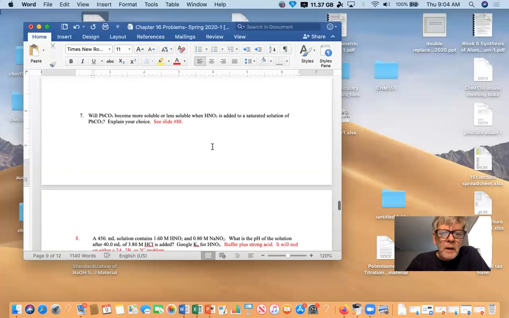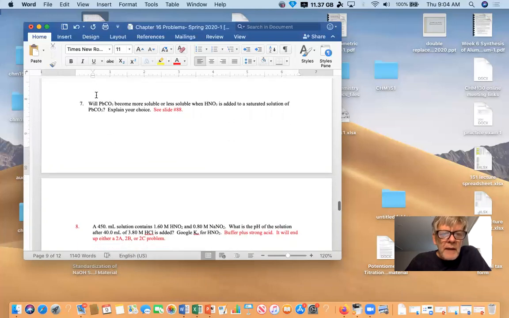Okay. All right. Question 7 is a qualitative question, relates to slide 88. What we need to note here is that carbonate comes from carbonic acid, which is a weak acid.